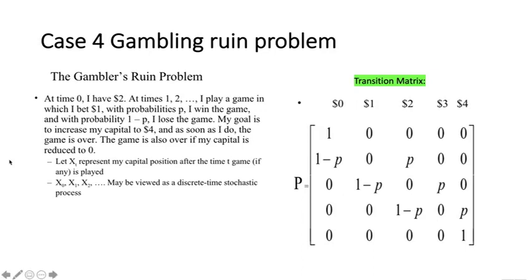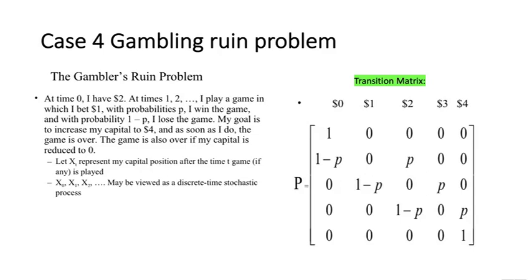Let X represent my capital position. My capital position is the amount of money. The minimum can be 0 if I don't have any money at all because I lost everything, even though I started with $2.